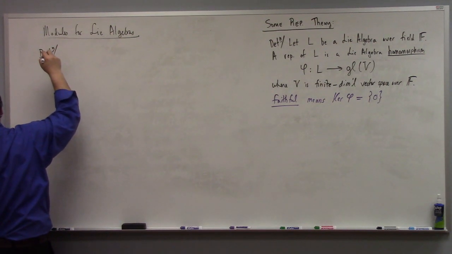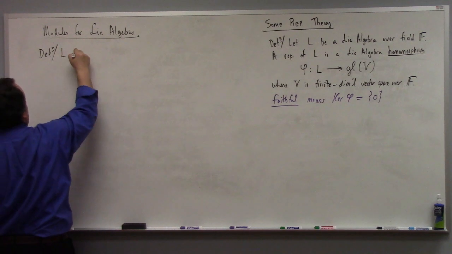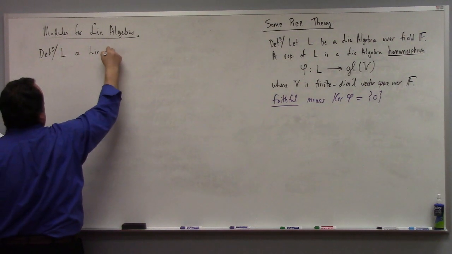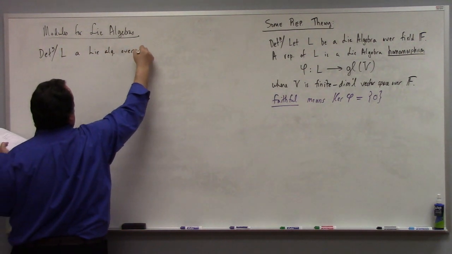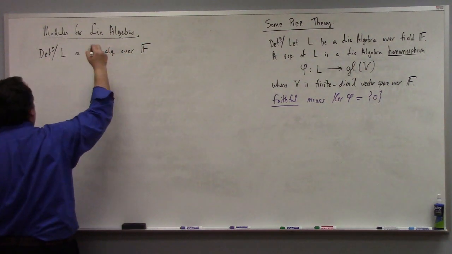Suppose L is a Lie algebra over a field F. All right.